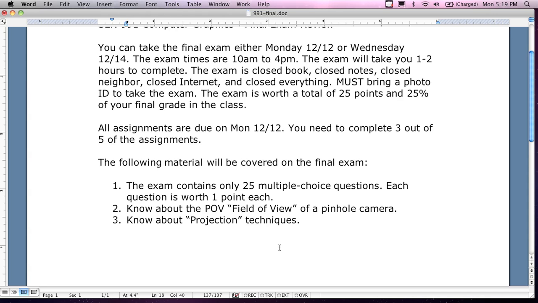Feel free to make your own too. There are a lot of projection techniques, and some that you should be familiar with are orthographic. I'm giving you the buzzwords to look up. Axonometric.